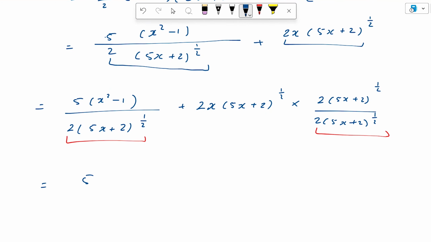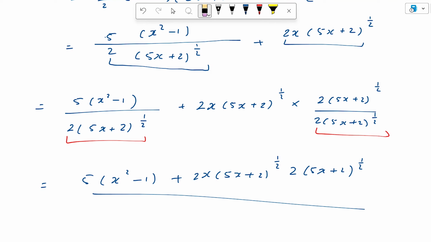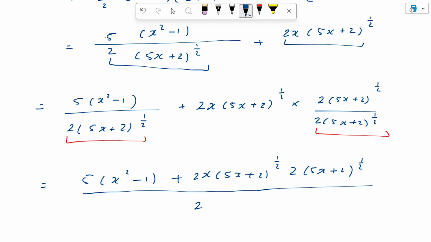So 5 times x squared minus 1 plus 2 times 5x plus 2 raised to the half, over 2 times 5x plus 2. That's an ugly looking plus, and such a horrible line.